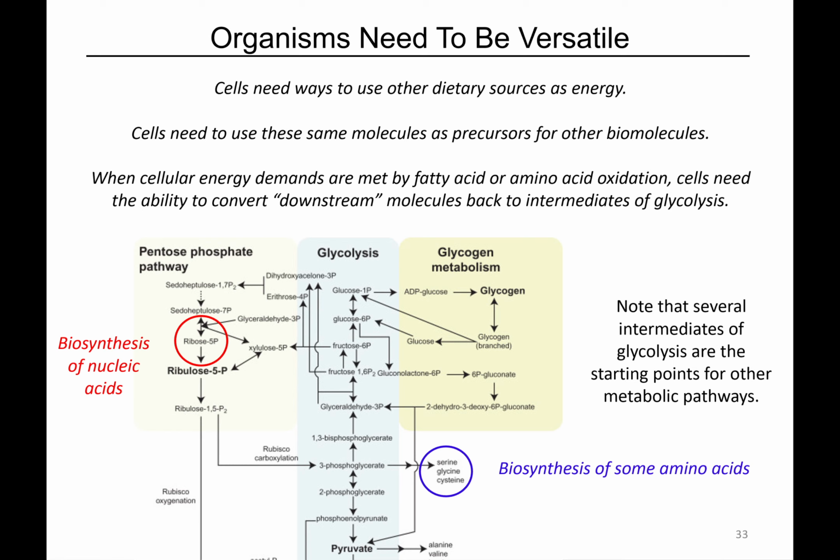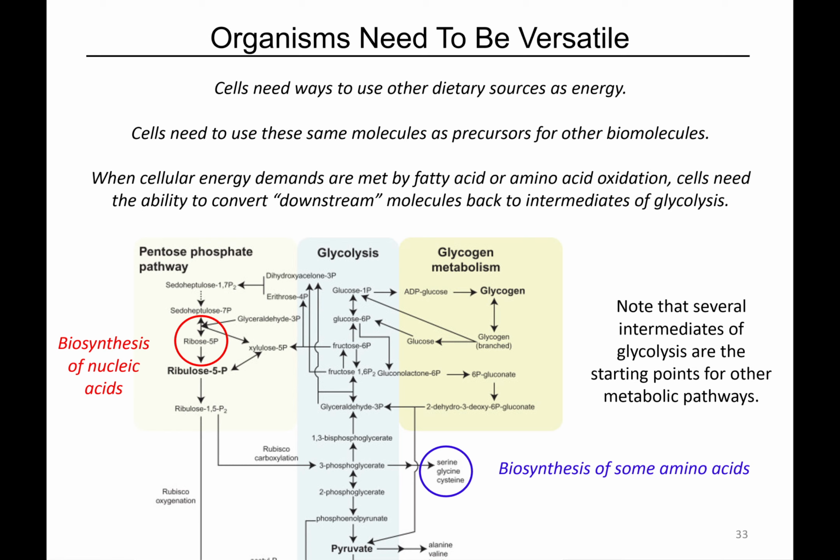Something else that we haven't talked about yet, but we will later on, is the pentose phosphate pathway. This is how we produce NADPH. It's also the starting point for the biosynthesis of nucleic acids. This ribose 5-phosphate is where DNA and RNA synthesis starts, okay? And everything in the pentose phosphate pathway is dependent on branching off of a couple of the metabolites of glycolysis.